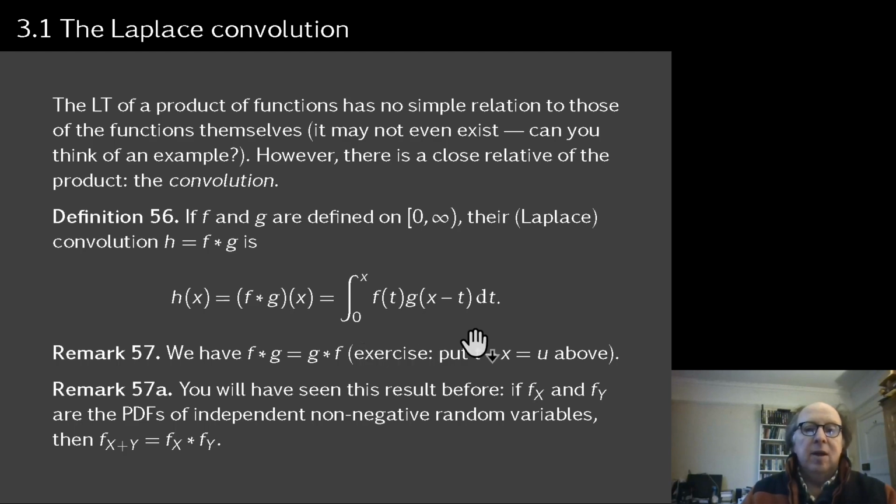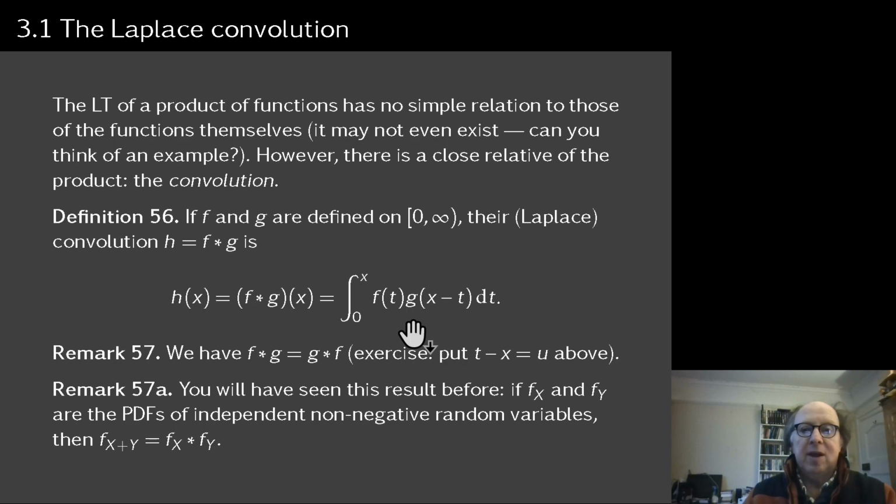So what is that? An easy way of thinking about this is in the context of probability. If X and Y are two independent random variables which have positive values only, then the probability density of X plus Y is given by exactly this formula here.